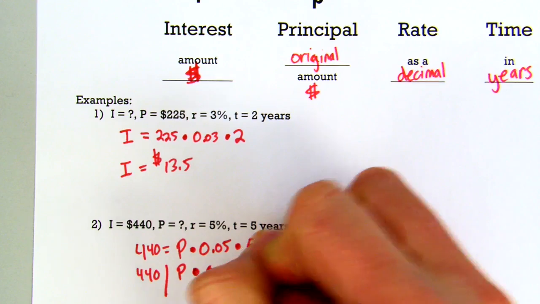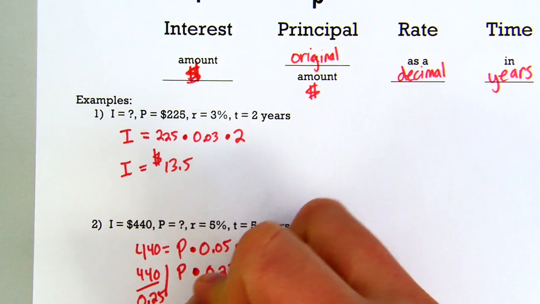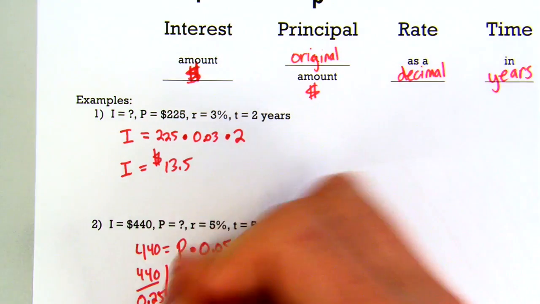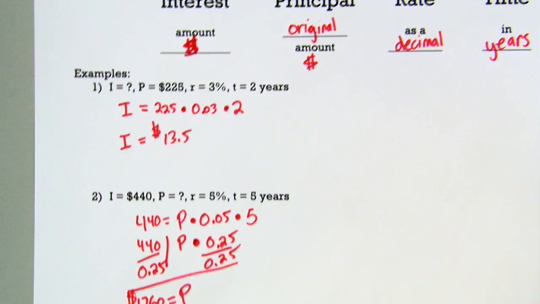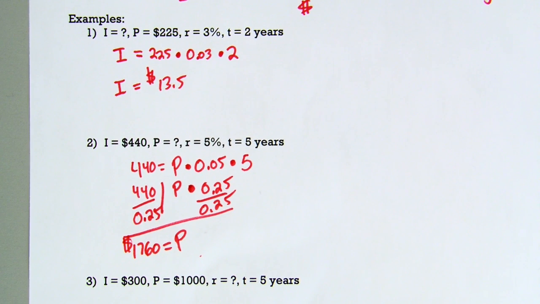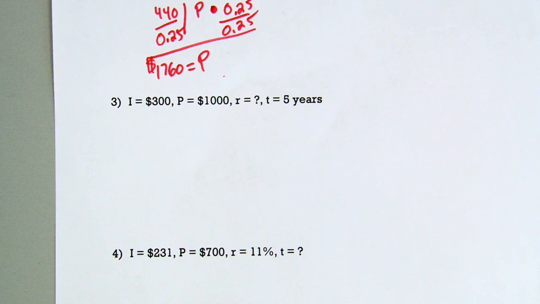Divide by 0.25, just a one-step equation now, and my principal is $1,760.